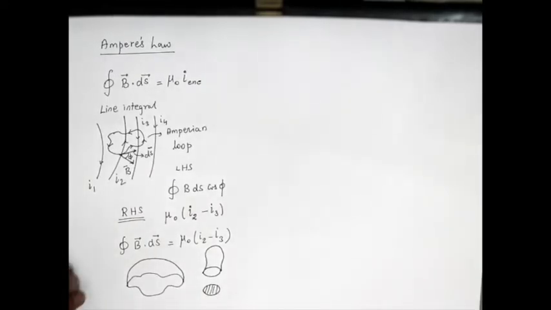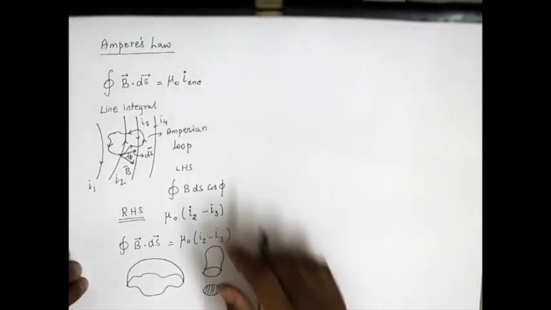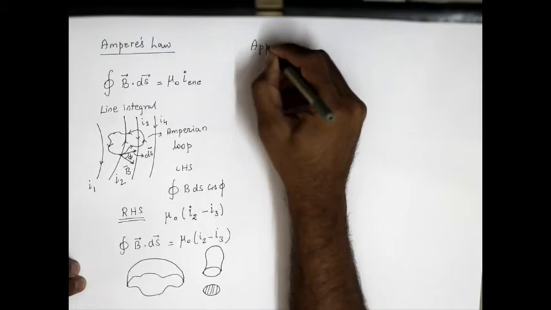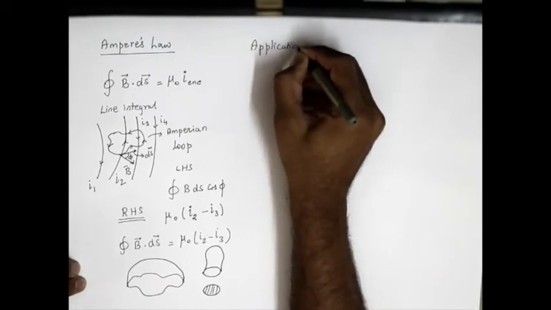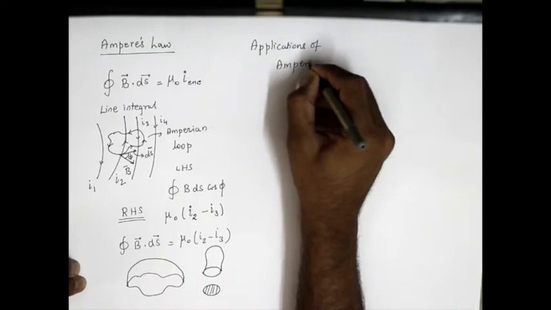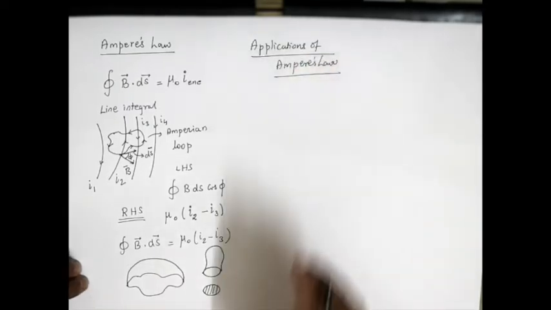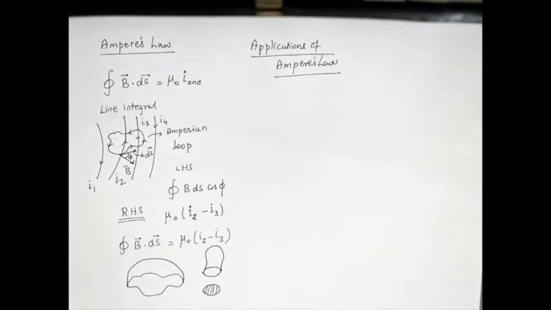Let us see some applications of Ampere's law. Maybe then it will be much more clearer. So let us do that. Applications of Ampere's law. Ampere's law is very useful in calculating the magnetic field if the loop has some symmetry.